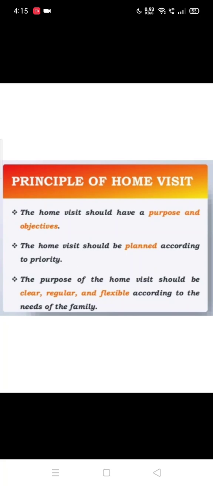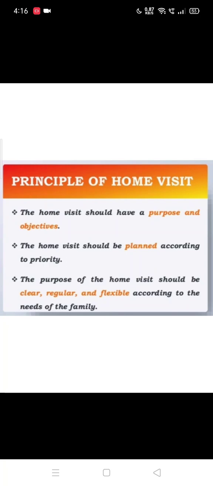Maybe some home has an immediate problem, like an accident, so you have to go immediately. Or some family has tuberculosis or corona, one person affected, so you have to go immediately to visit. It should not spread to others.